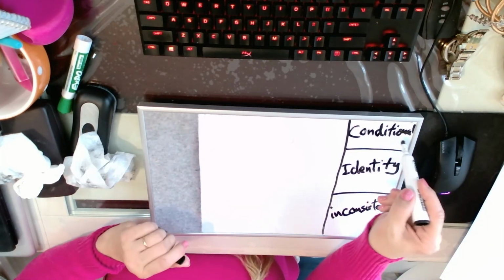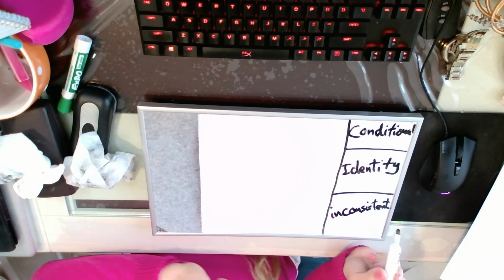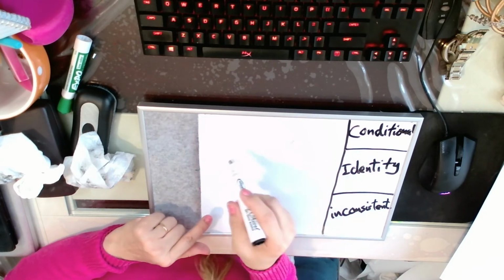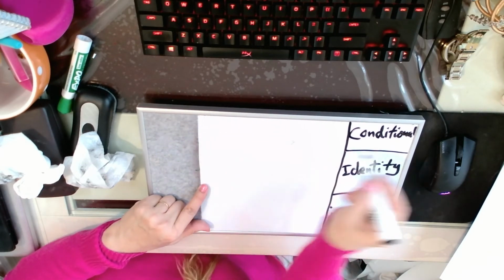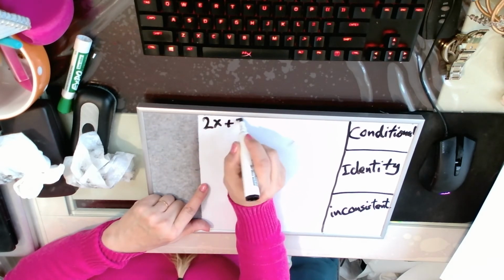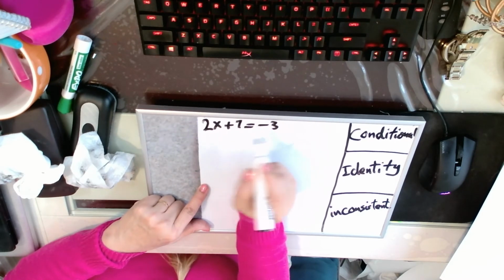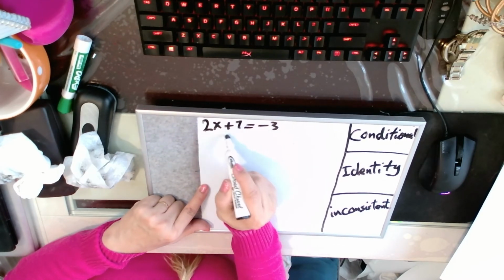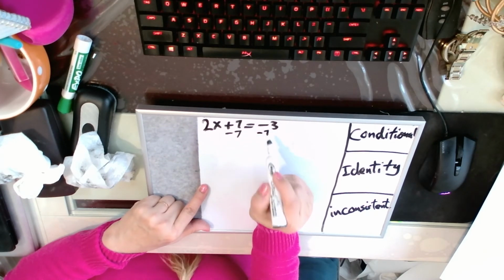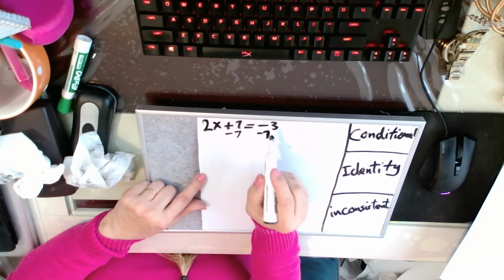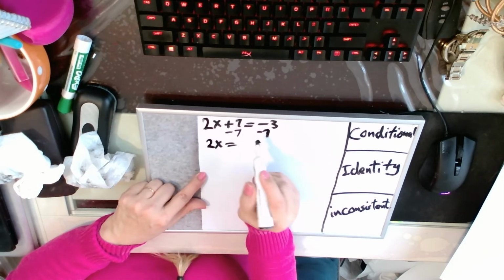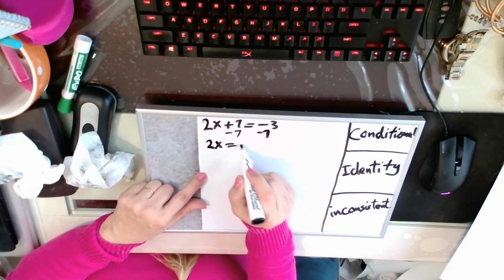So we have conditional, we have identity, we have inconsistent. I'm gonna give each one an example. For example, conditional, we can say 2x plus 7 equals minus 3. To get rid of 7, you're gonna subtract 7 from both sides. So it's gonna be 2x equals minus 10.